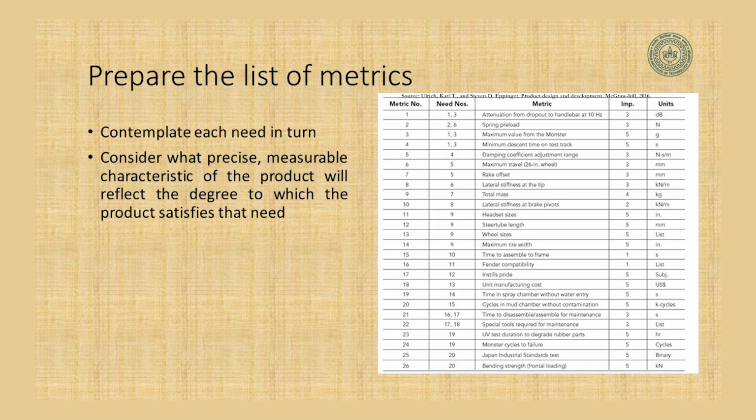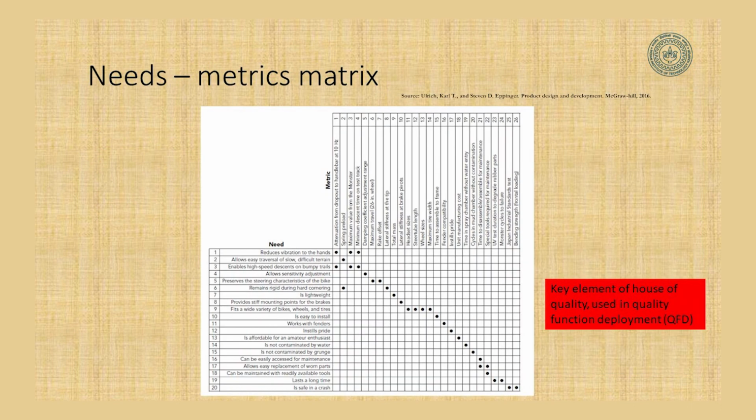So, once you have got all your metrics and all your needs, you need to see which metric maps to which need, and then you can create this sort of matrix. Metrics are here, needs are here, and you should be able to get at least one metric for each need, okay.